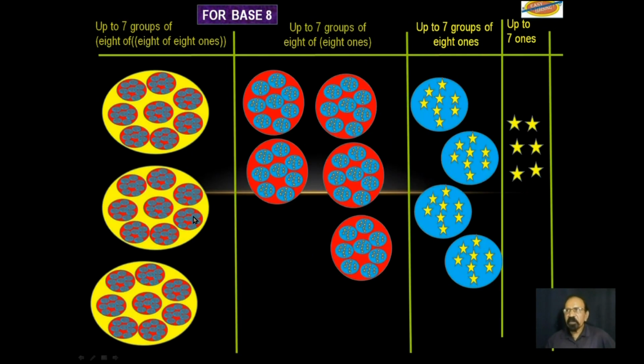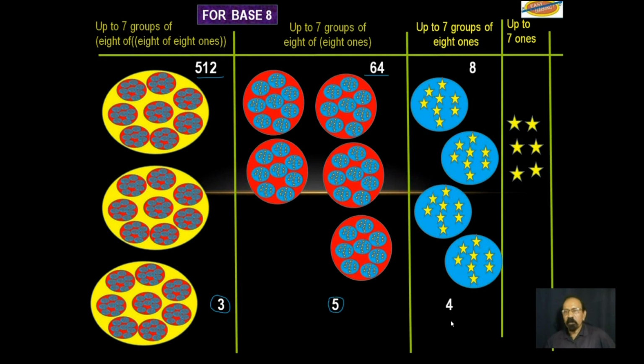So we have been counting stars and we arrive at this amount of stars. We have 3 groups, that's a face value, of 512. That's the place value. We also have 5 groups, that's a face value, of 64. That is the place value.